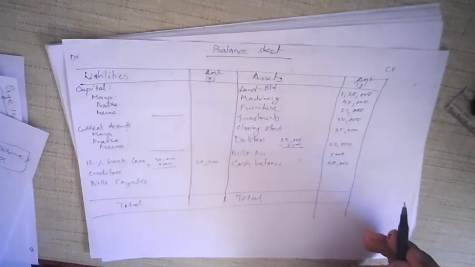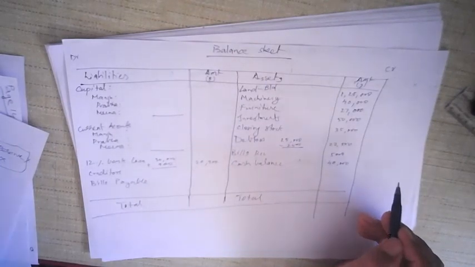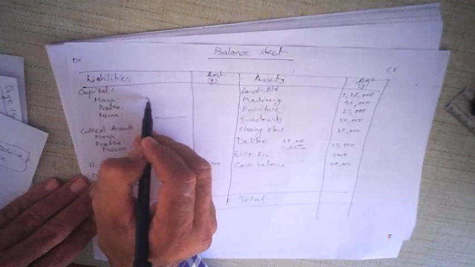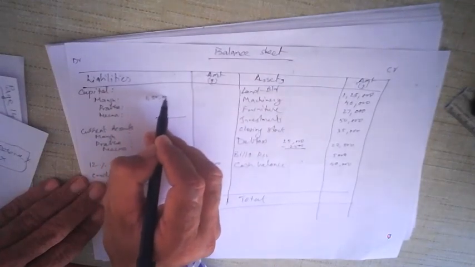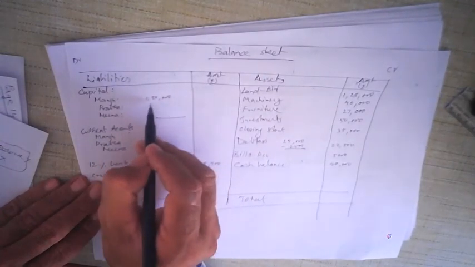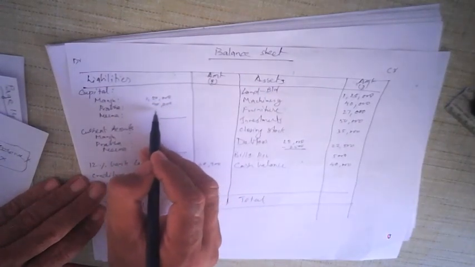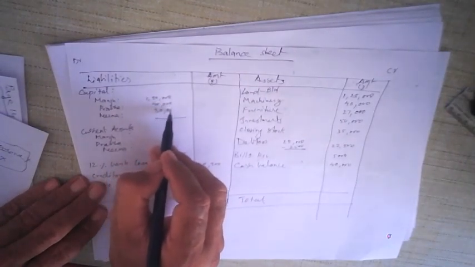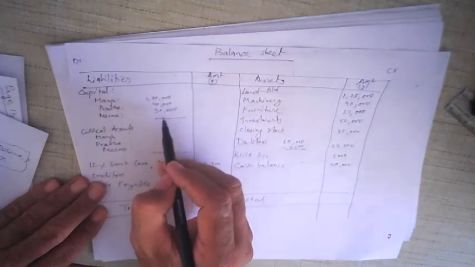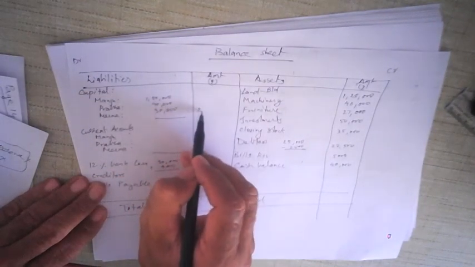Then capital, and capital of course will remain as it is, 1,50,000. This is the fixed capital account, 40,000, again no change, and 30,000, no change here in the capital, and therefore this will be 2,20,000.